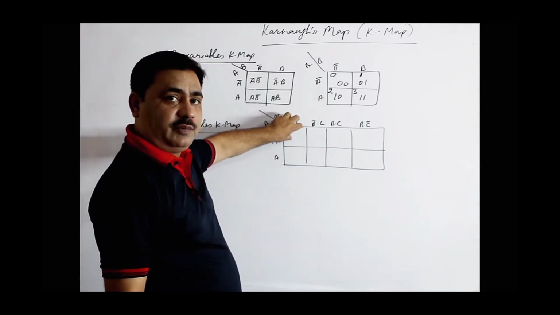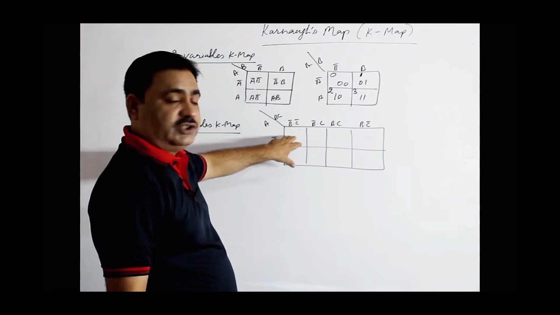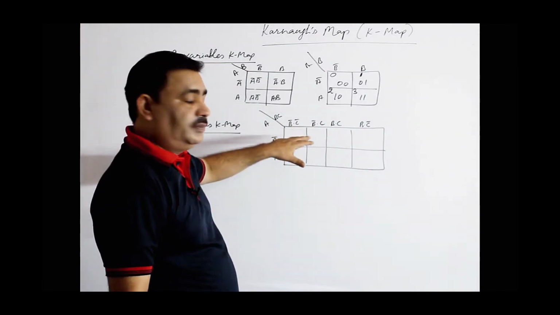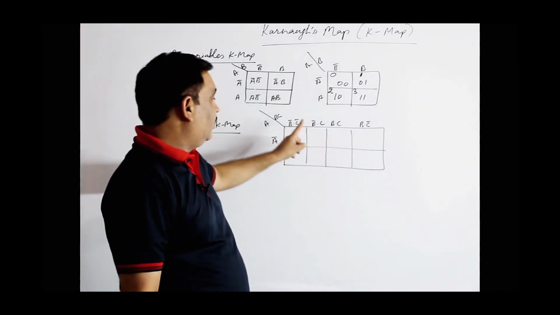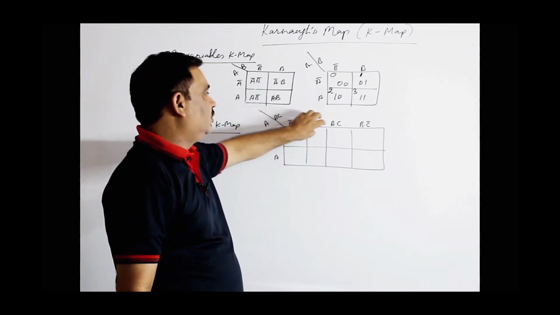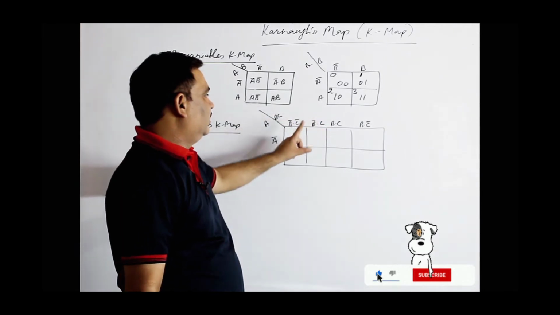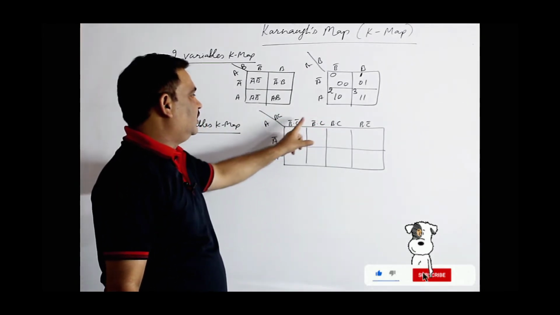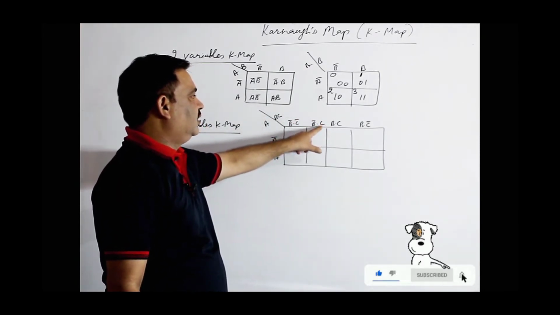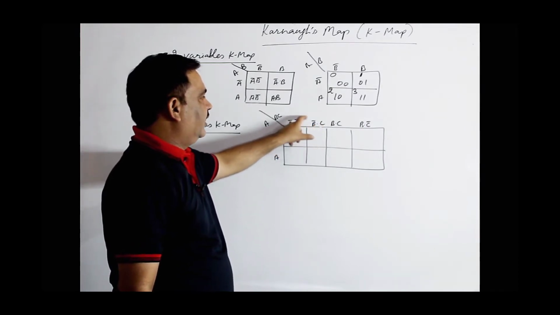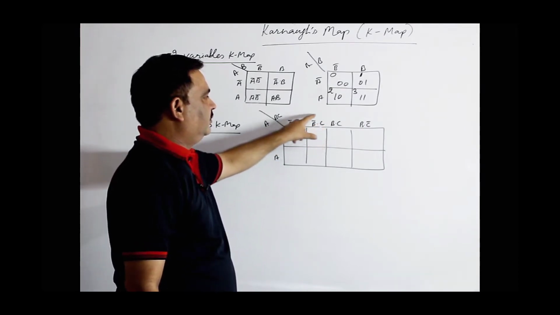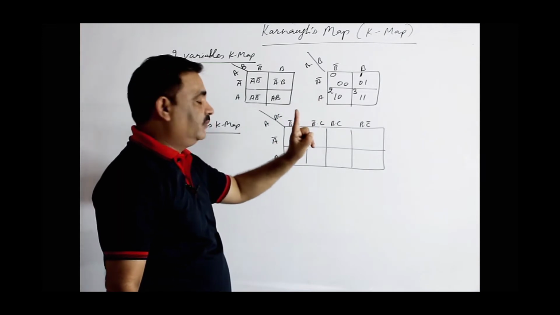First of all, you have to take the complement of both, because you need 0 here. Try to keep the numbers in ascending order, but only one term you have to change from this to this. B complement dot C complement, here only one term you have to change, we are changing the C, C complement to C. So, B complement dot C. Now, again you have to change only one term out of these 2.